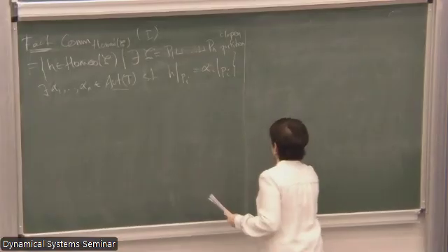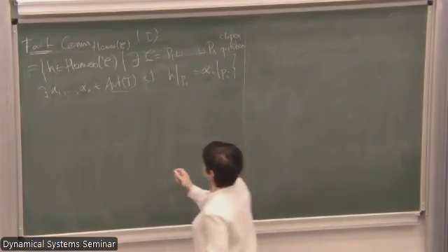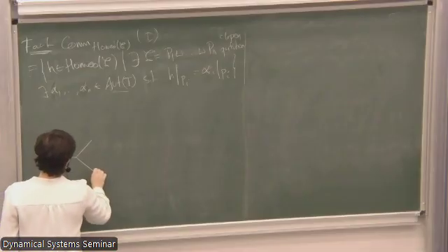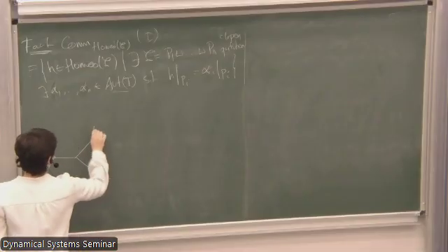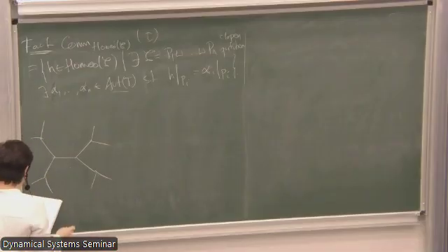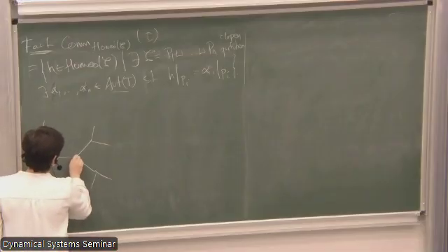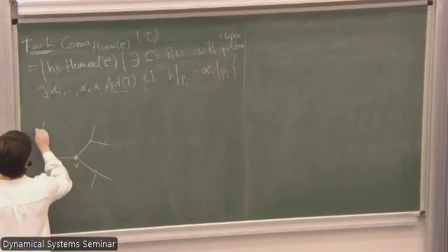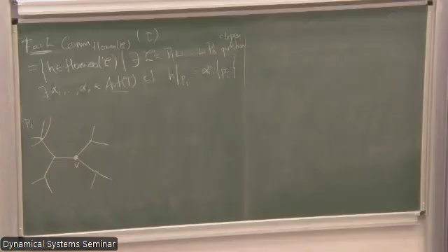So let me give you an example of one of these things. Okay, maybe I'll draw it here. Here's my origin V. And I'm going to make the following partition. So here is P1, all colors.